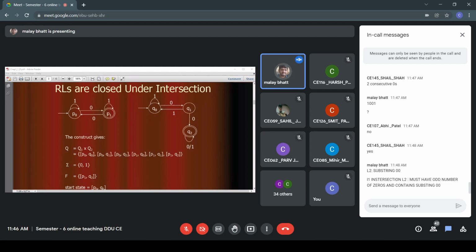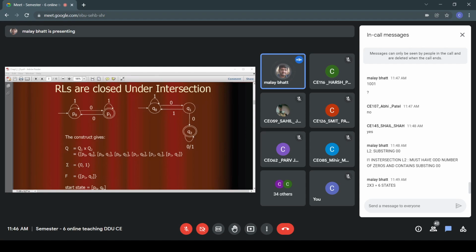To generate the intersection, we have to find the new states for that automata. It will be 2 into 3, that is equal to 6 states. We get a total of 6 states, 2 states from the first one and 3 states from the second one. You can see here that capital Q1 is the set of states of the first automata and capital Q2 is the set of states of the second automata.